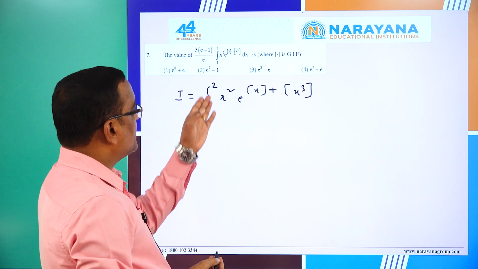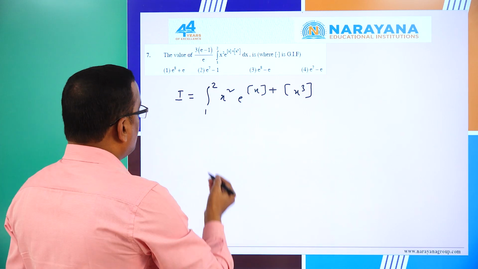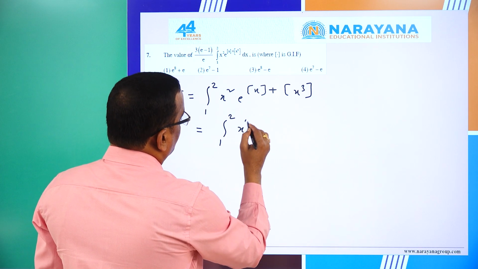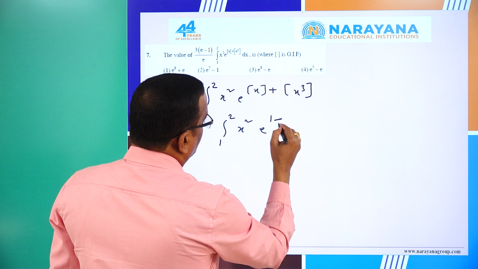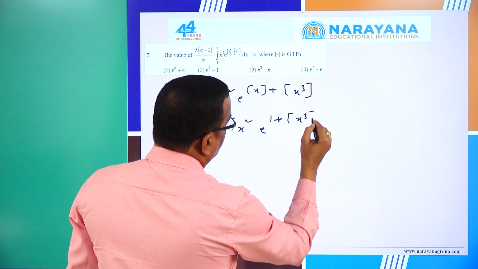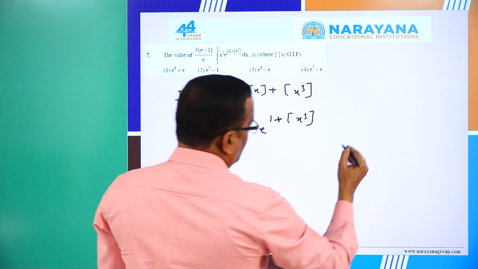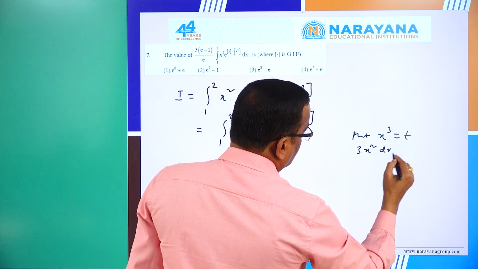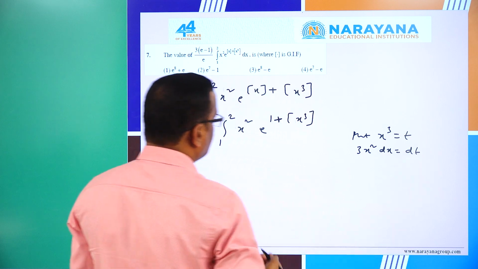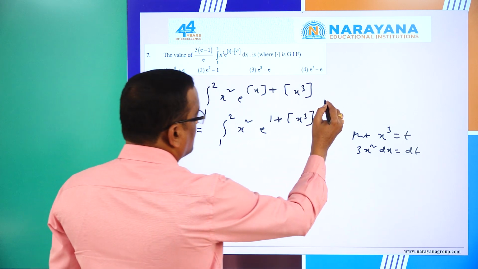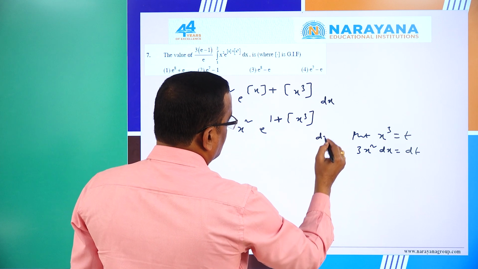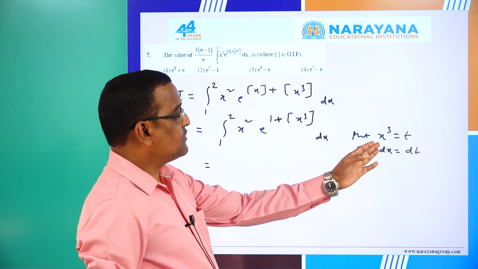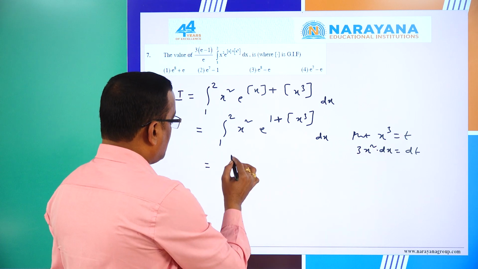If x lies between 1 and 2, the integral part of x becomes 1. That's why it is integral 1 to 2 of x squared into e to the power of 1 plus the integral part of x cubed. Now take x cubed as t, then 3x squared dx becomes dt. Now for the limits, when x is 1, its corresponding t is 1.